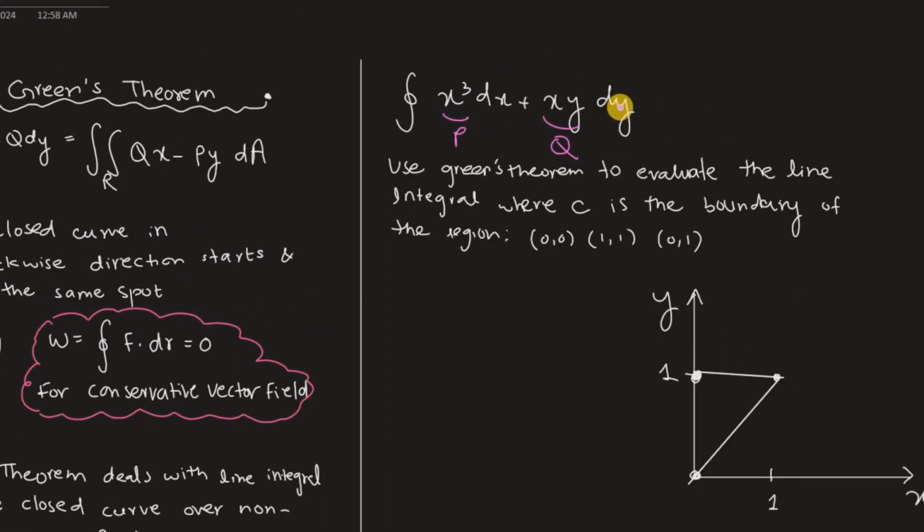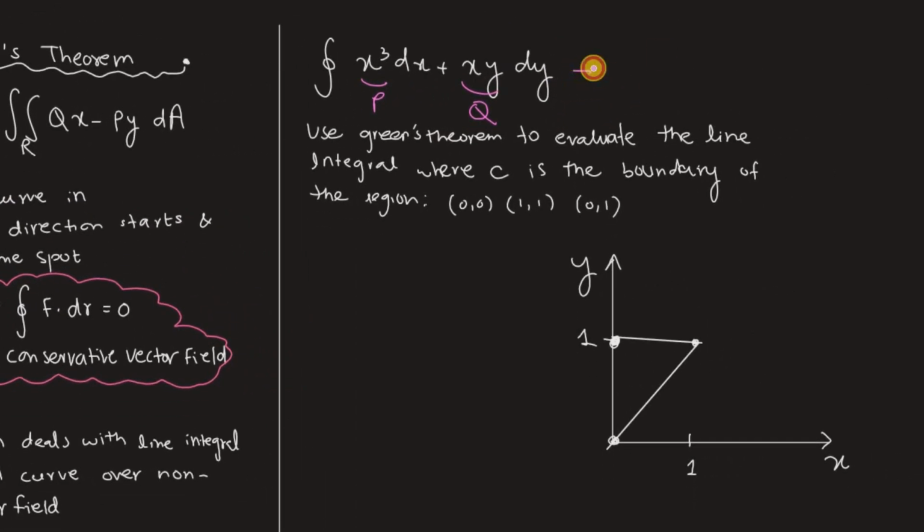And if it's confusing for you guys, you can also write the equation in terms of our vector field. The vector field looks something like i hat plus j hat, like this, right? So you can write it in this form as well: x cubed i hat plus xy j hat.